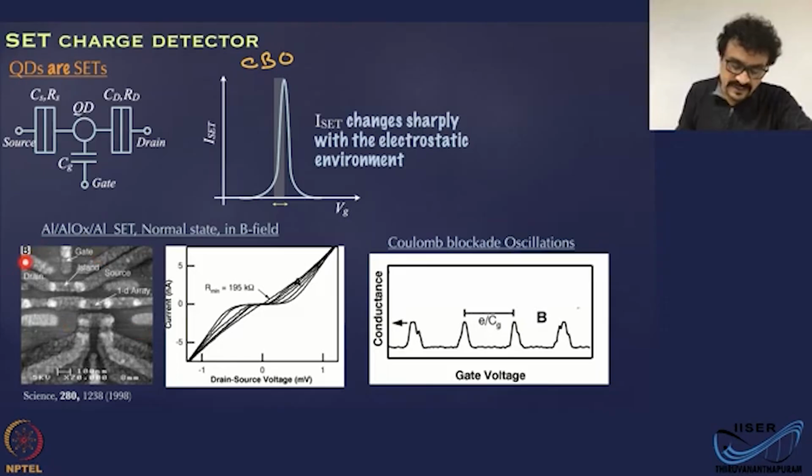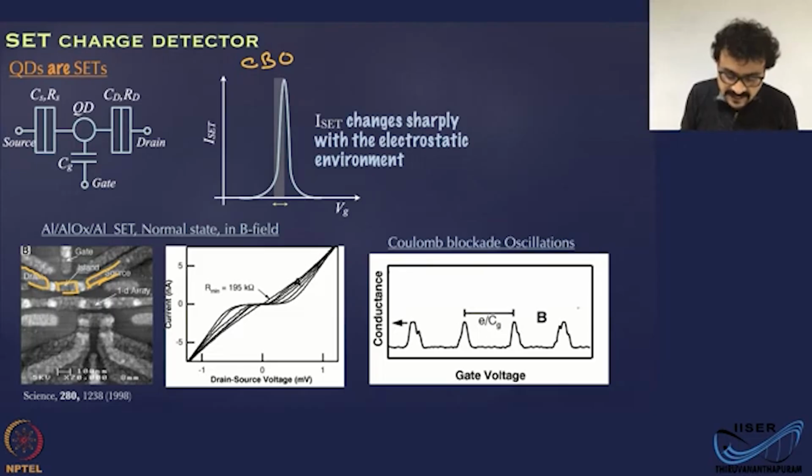Here is a SEM micrograph, a scanning electron microscope picture, of an aluminum oxide aluminum tunnel junction system or single electron transistor, which is turned into the normal state by the application of a magnetic field. So this system shown here is a single electron transistor that we are referring to, where we have two tunnel junctions.